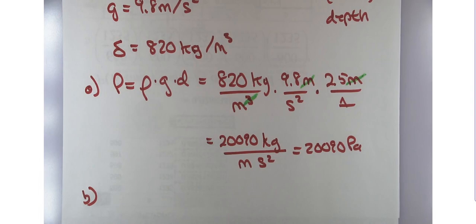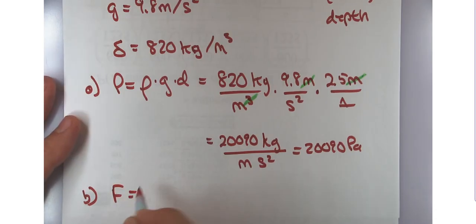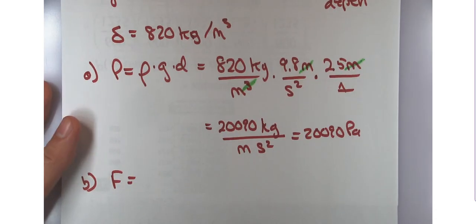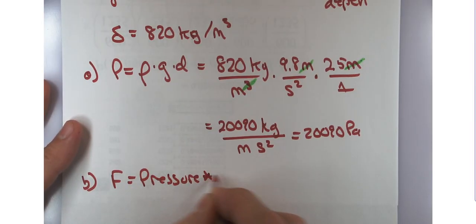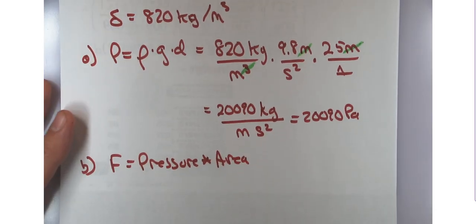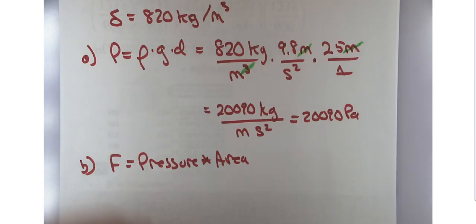How about the force felt on the bottom of the tank? Well, the force is going to be simply the pressure times what? Times the area. And the pressure we can take from this calculation right here. There's our pressure.